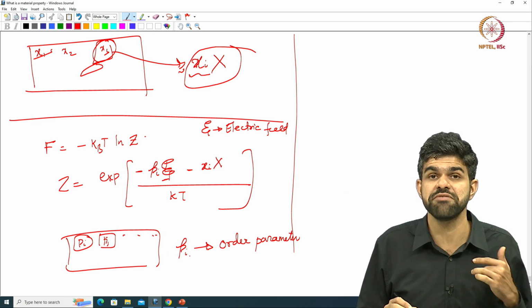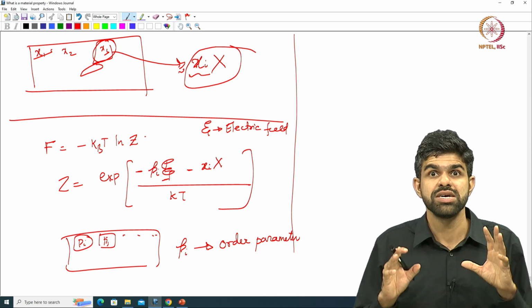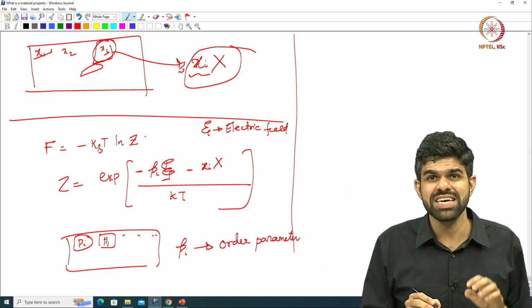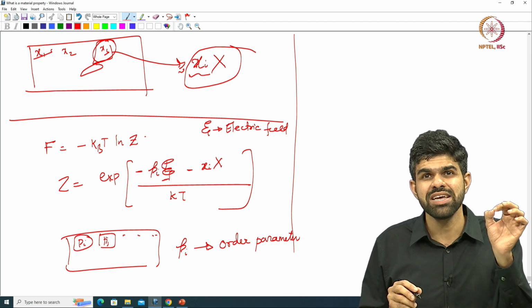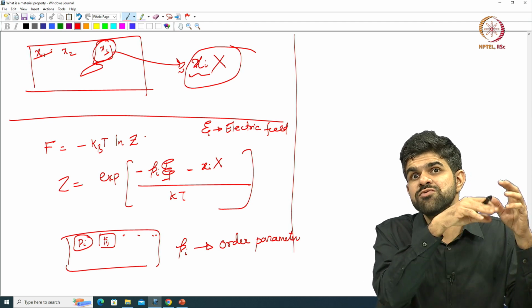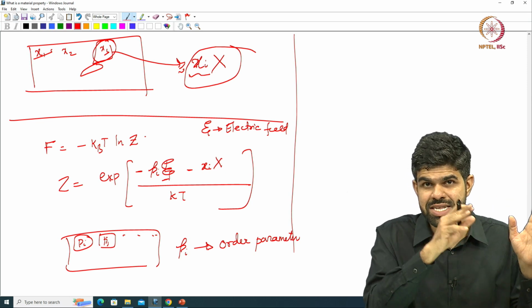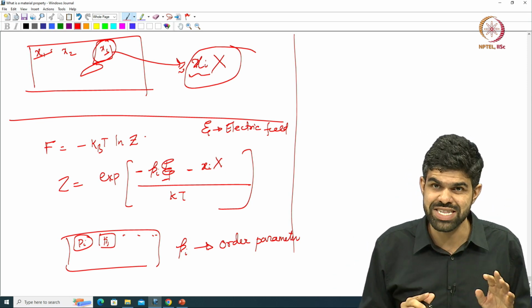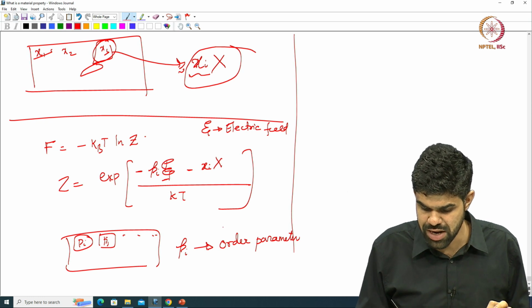I will define the order parameter quite robustly at a later part, but right now, by knowing Pi, I know the state of the system, I know what sort of ordering is there in that system, etc. So, Pi is just called an order parameter for now.